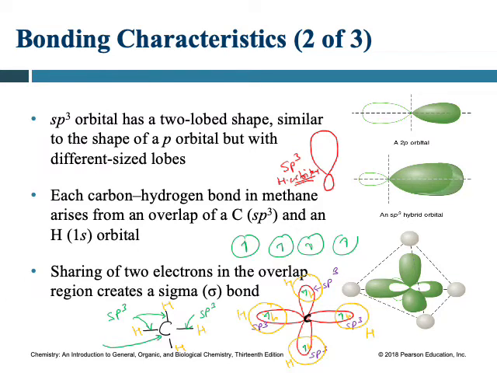So I can say this carbon is an sp3 carbon, right? Because this carbon uses sp3 hybridized orbitals to make all these 4 bonds.